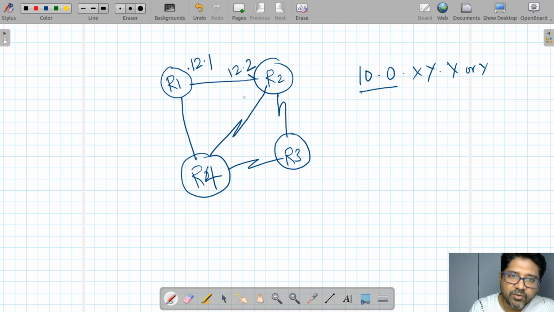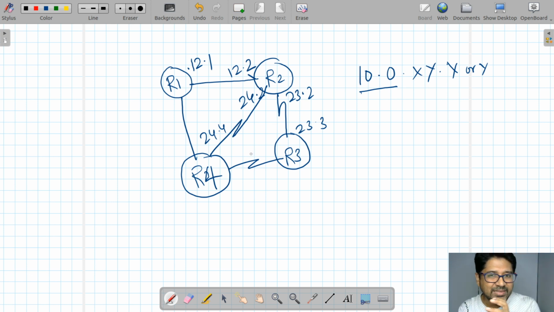Same way for this interface you have 24.2, this will be 24.4. Here same way you will get 23.2, 23.3. By this way you can easily assign unique IPs. There is no need to remember; by looking at the router name you can say what it is.